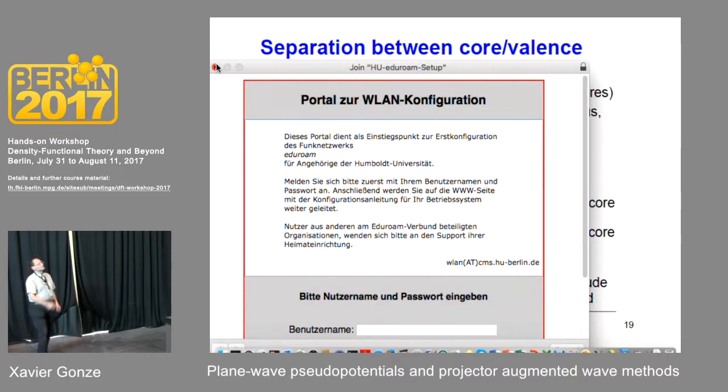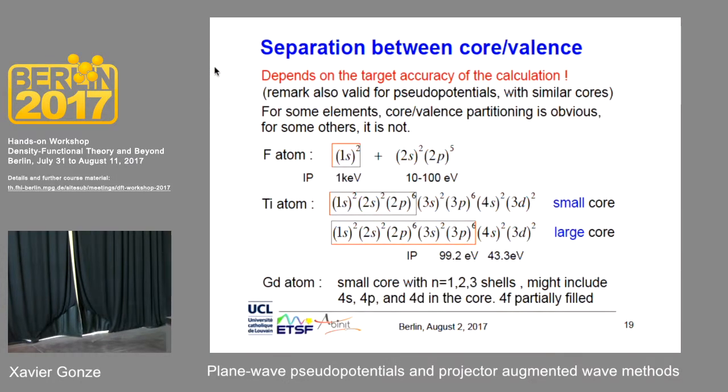So the possible change of occupation of the 4s state might yield a change in the potential that is felt by the 3p states and the rearrangement of the 3p states. So we can actually work in both cases. Either consider we have a small core for the titanium atom and thus a very large number of explicitly treated valence electrons, or use the following splitting: a large core and a small number of valence electrons.